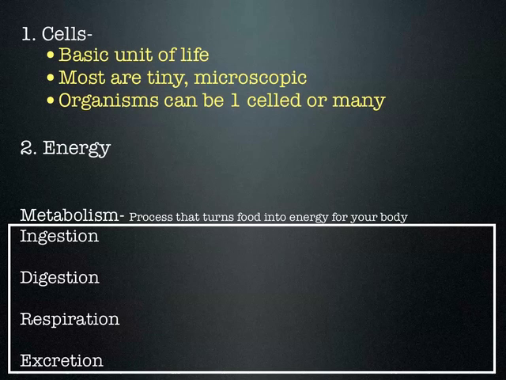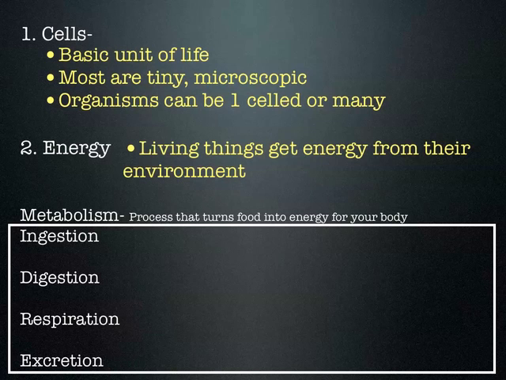So all living things are made of cells, at least one, often more than one. All living things must obtain and use energy. And energy comes from an organism's environment.